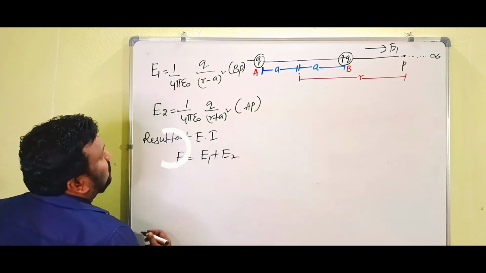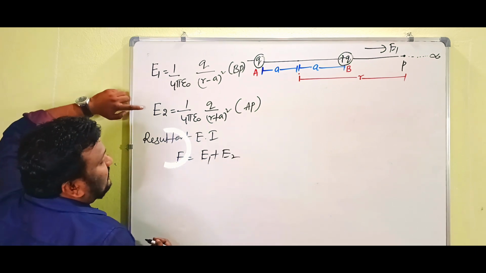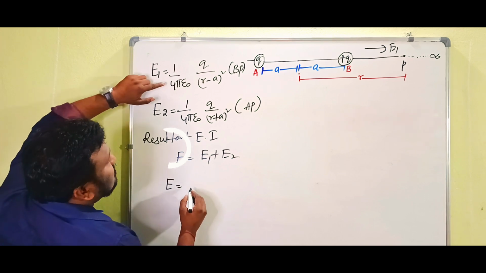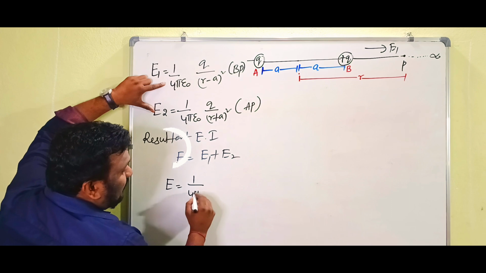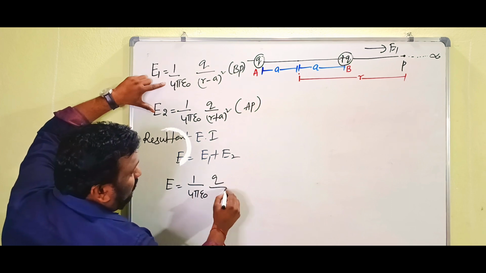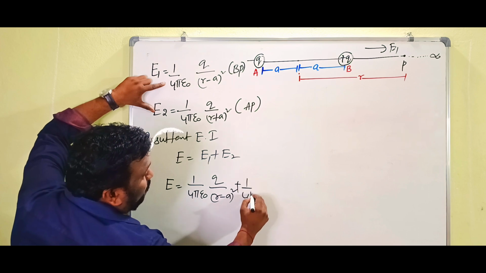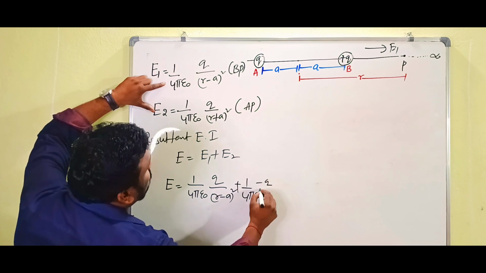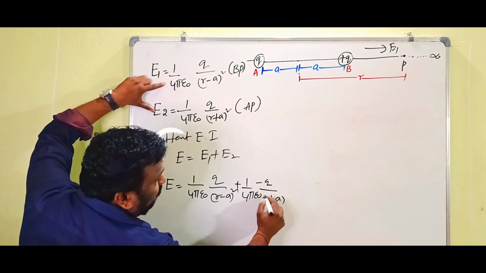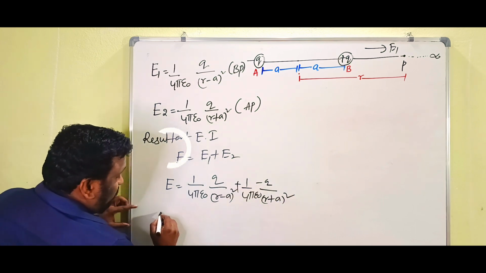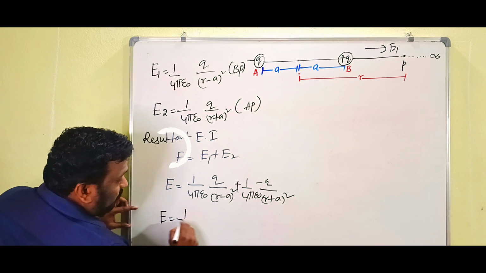This is E1 and this is E2. Now substitute here. E is equals to 1/4 pi epsilon naught q by R minus A whole square plus 1/4 pi epsilon naught minus q by R plus A whole square. Here plus of minus is minus.